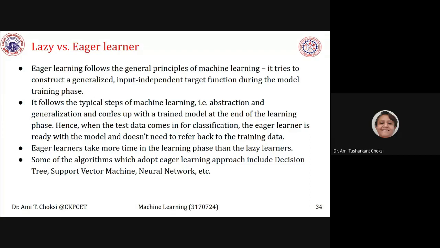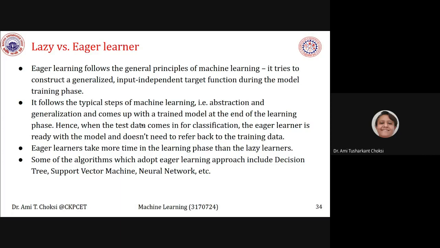It follows the typical steps of machine learning, that is abstraction and generalization, and comes up with a trained model at the end of the learning phase. Hence, when the data comes in for classification, the eager learner is ready with the model and does not need to refer back to the training data.